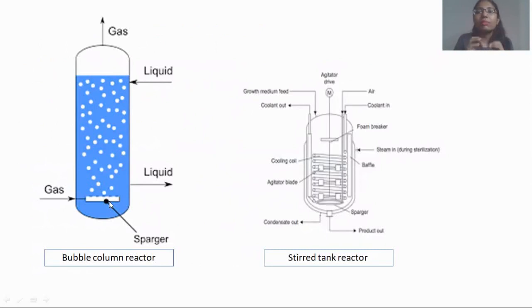With the help of the sparger, the bubbles come out, the same as you see in an aquarium. The small aquarium has bubbling so that the fish can have oxygen. In the same way, the sparger is going to provide oxygen. The bubbles rise up, but there is no actual mixing taking place. That mixing we will see in the airlift bioreactor.